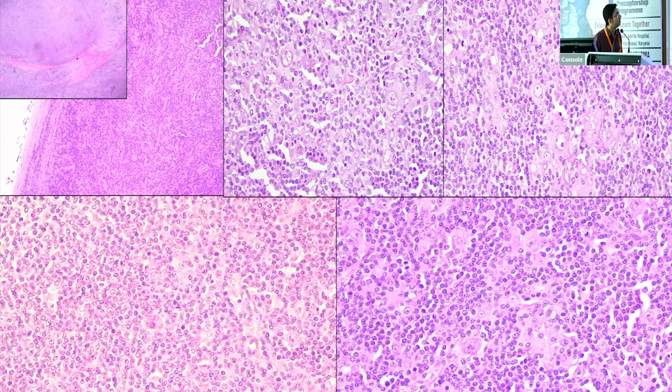Then here we can see these. Can you appreciate these large cells? These are very big cells which are surrounded by monomorphic or different kinds of cells. But yes, definitely these are large cells. This is a very large cell which is showing eosinophilic prominent large nucleoli.